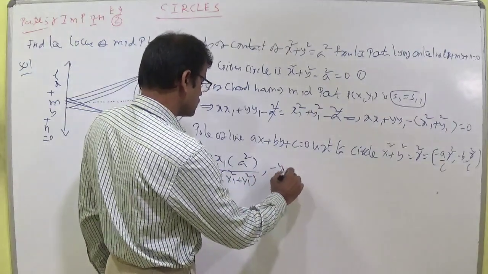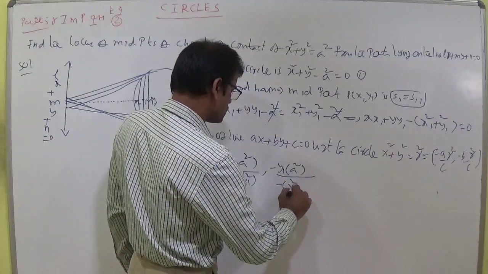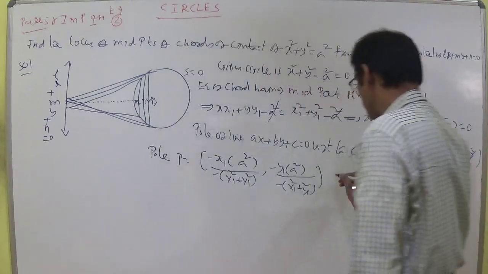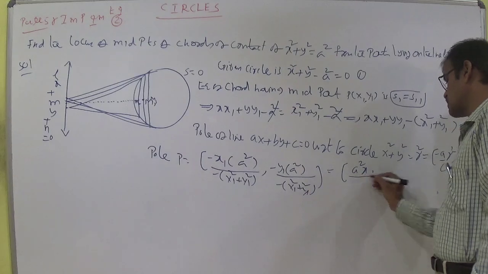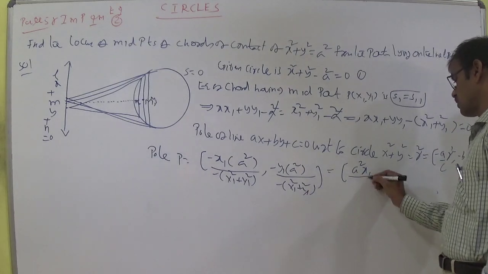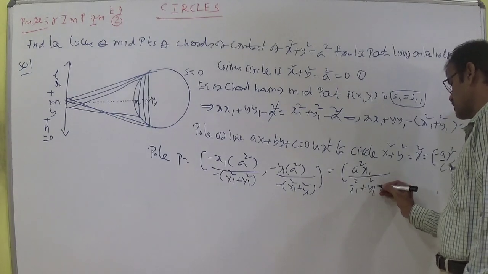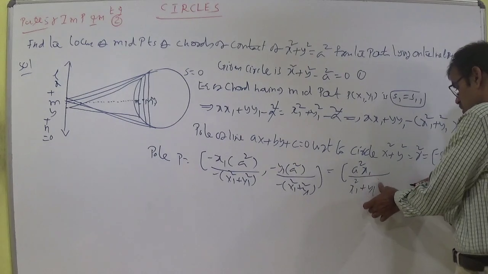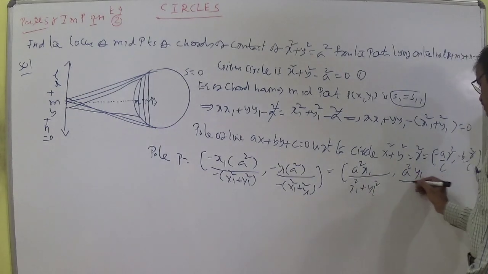So the pole you can write as a square x1 by x1 square plus y1 square comma a square y1 by x1 square plus y1 square.